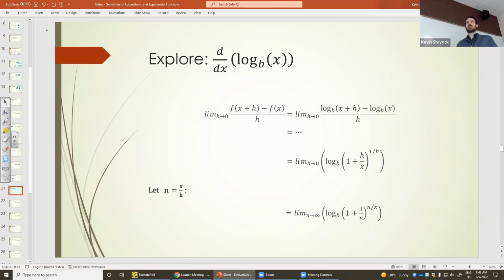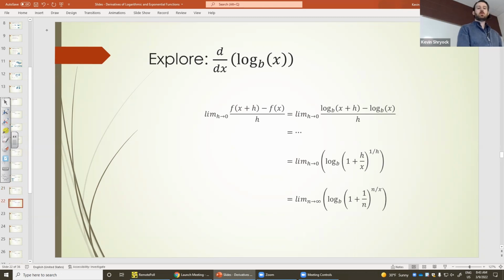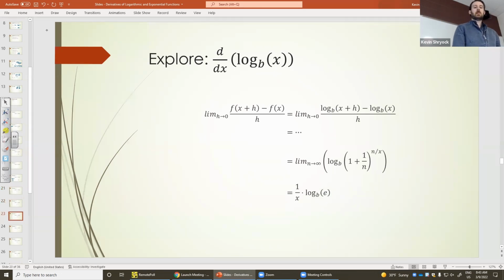Okay, so now we're just going to try to make this a little bit more explicit. So we want to make it so it just looks like that definition of e. So let's go ahead and take that 1 over x exponent here, and let's bring it out in front.